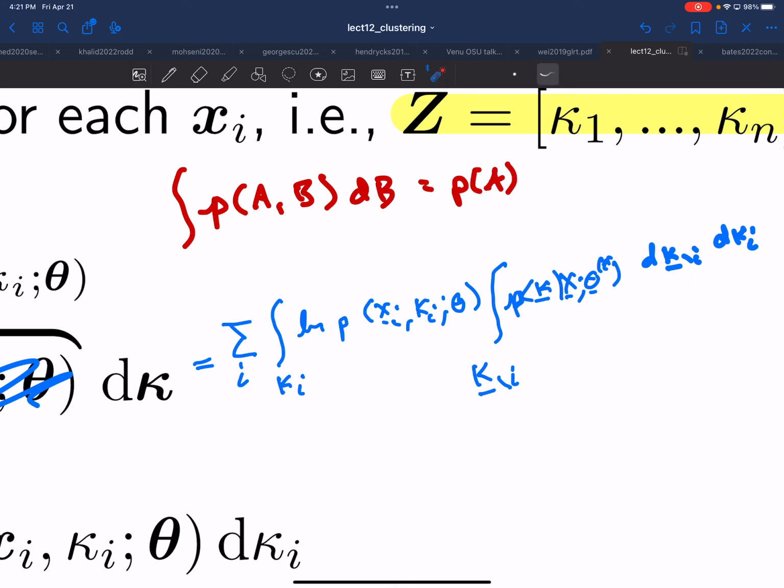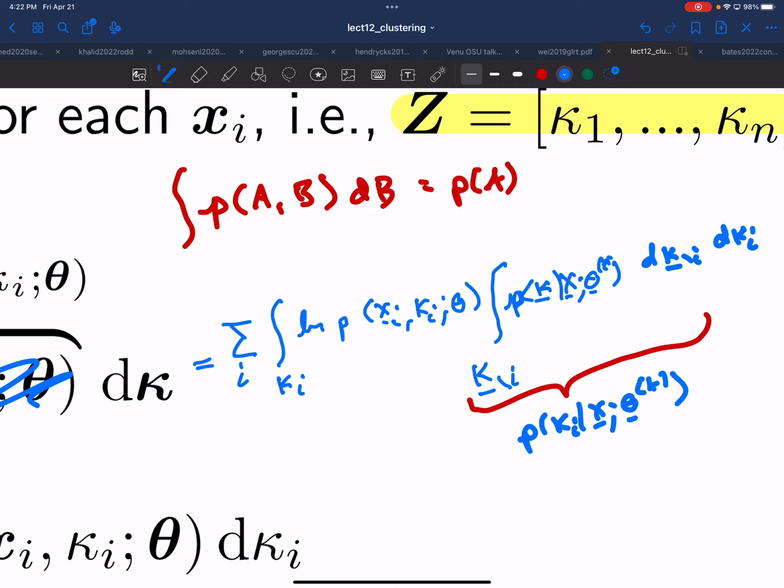Basically this is what we have here, except in this case we have n different variables, and we're integrating out n minus 1, but what remains is the only one we didn't integrate out. So this will reduce all the way down to p of kappa I given x, theta t. And now our lives are much easier because I just have a single scalar integral. I don't have a multidimensional integral anymore.